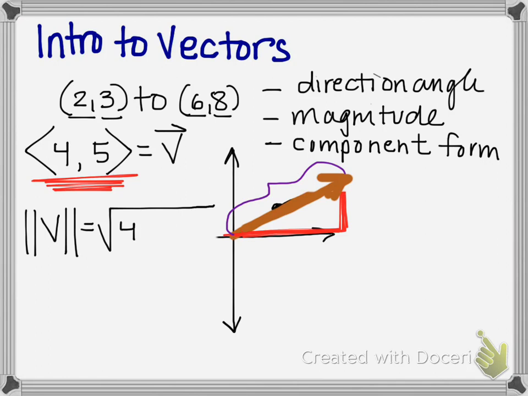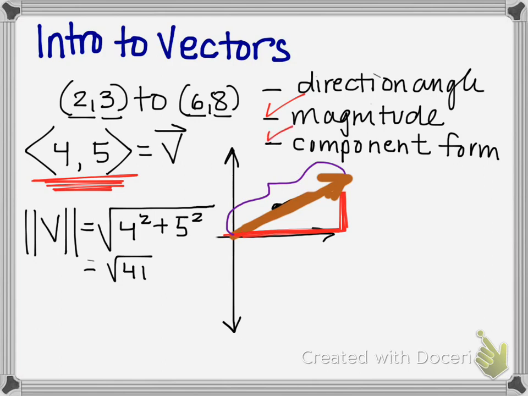So it's just going to be 4 squared plus 5 squared. That's 16 plus 25. So the magnitude of the vector is the square root of 41. And if we're treating this as a checklist, what do we have? If you look to the right here, where I have them listed out, we did the magnitude, we did component form.